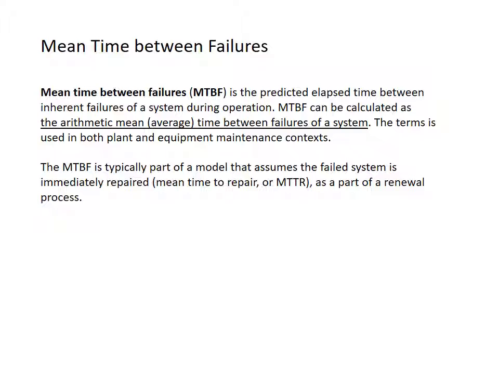A mean of that distribution, and that's really analogous to what mean time between failures is. So this is the expected time elapsed between inherent failures of a system during operation. And this can be calculated as the arithmetic mean, or you can think of it as the expected value based on this underlying probability distribution that forms the basis of the reliability function.